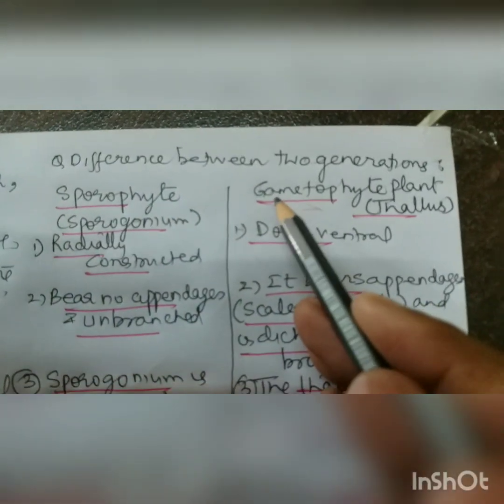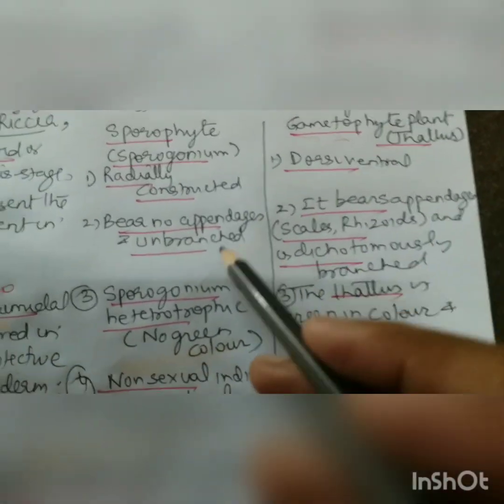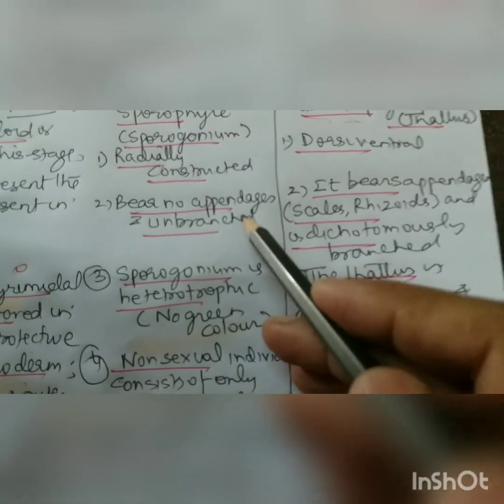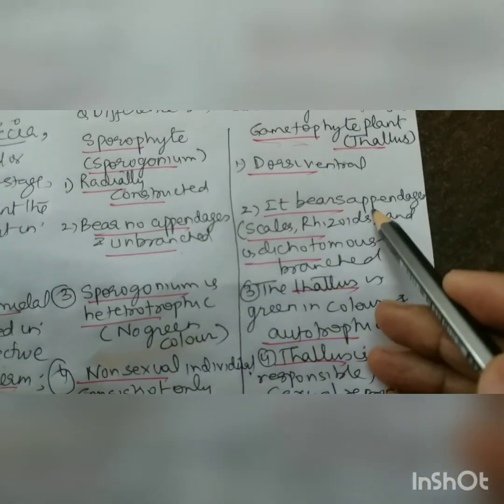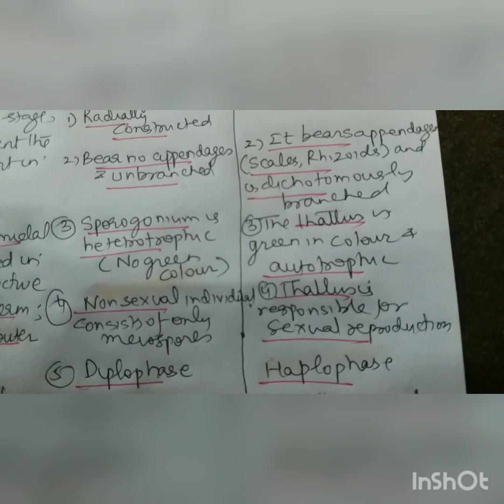Before that, I will show the difference between the two generations. Sporophytic, there is sporogonium. It is radially constructed. The thallus is dorsiventral. The sporogonium bears no appendages and is unbranched, whereas the thallus bears appendages like scales and rhizoids, and it is dichotomously branched.